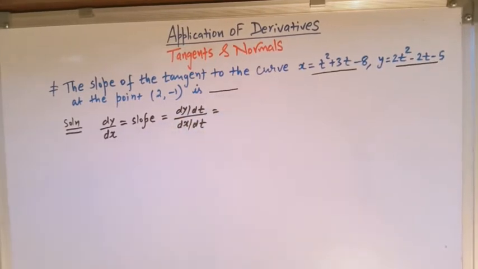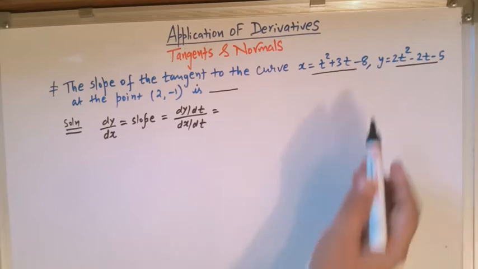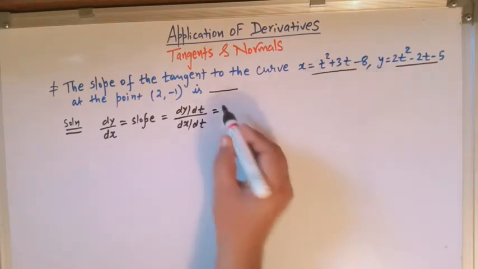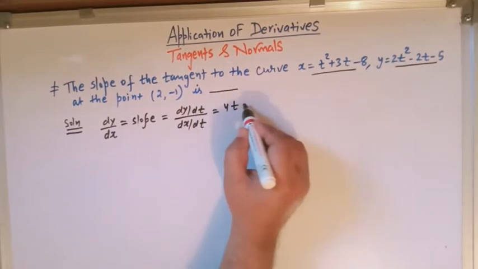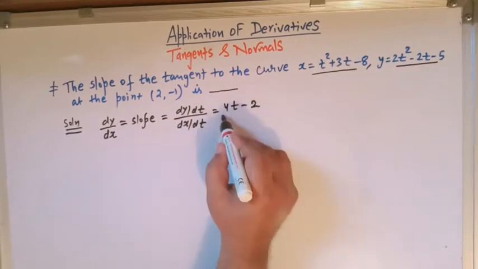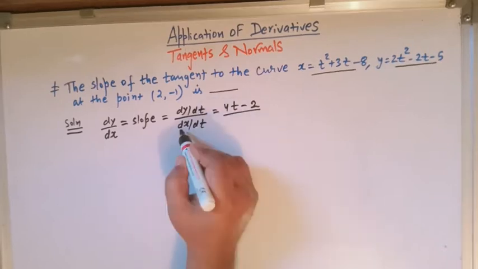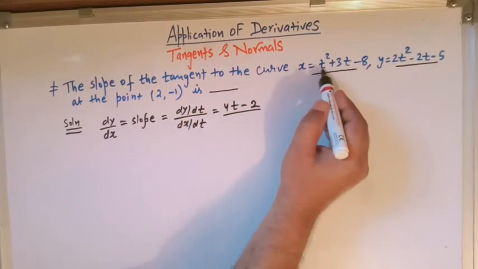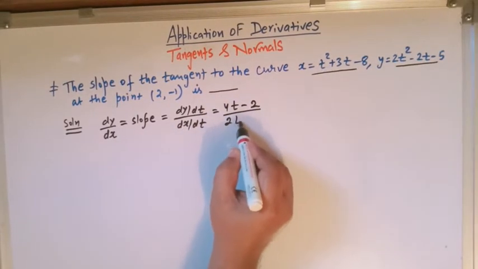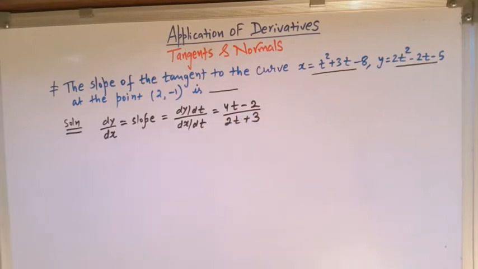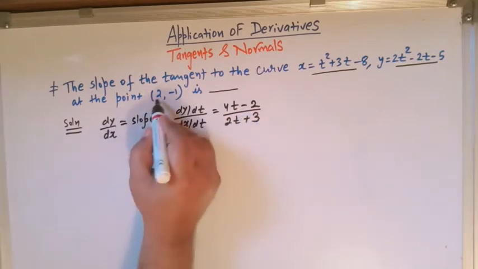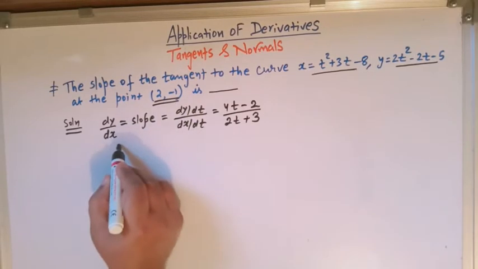Now let us find the derivative of y with respect to t. So this is 4t minus 2, divided by the derivative of x with respect to t, which is 2t plus 3. Okay?